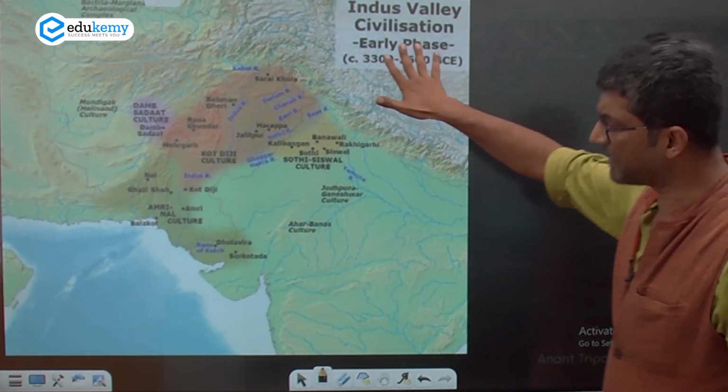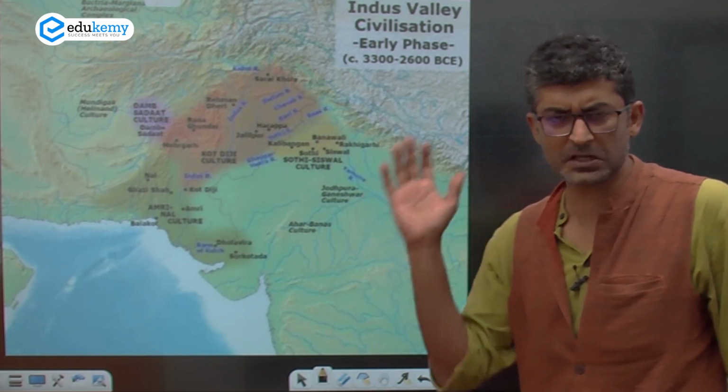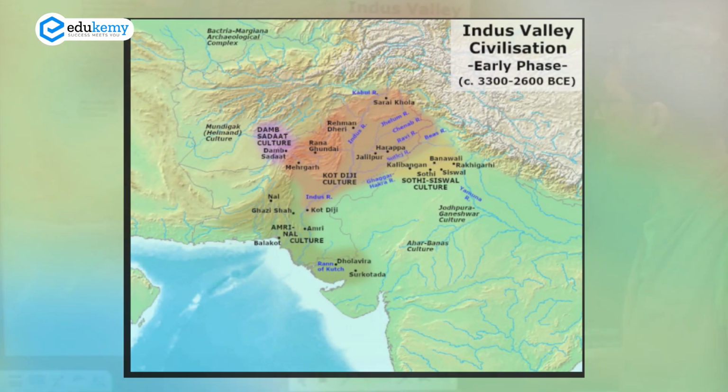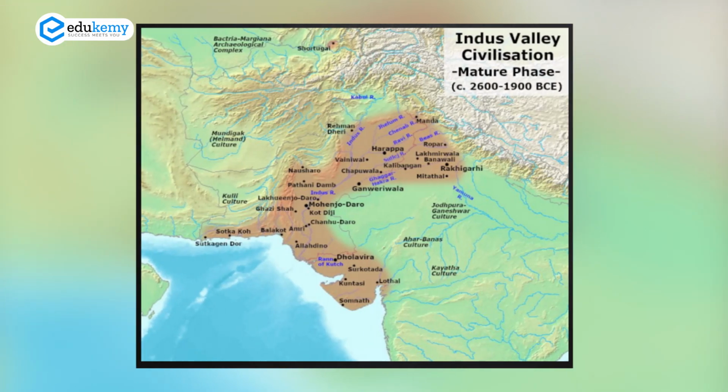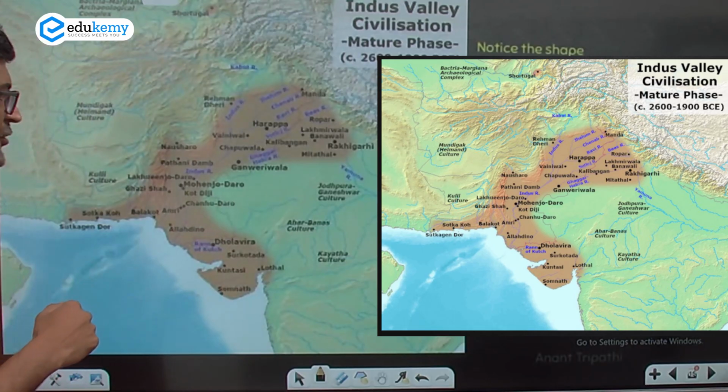So this is the early phase of Harappan civilization. Remember how it is basically several regional cultures such as Sothi Siswal, Kot Diji, Dam Sadat, Amri Nal. These cultures were present and they had neighbors. This is the mature phase of the civilization.